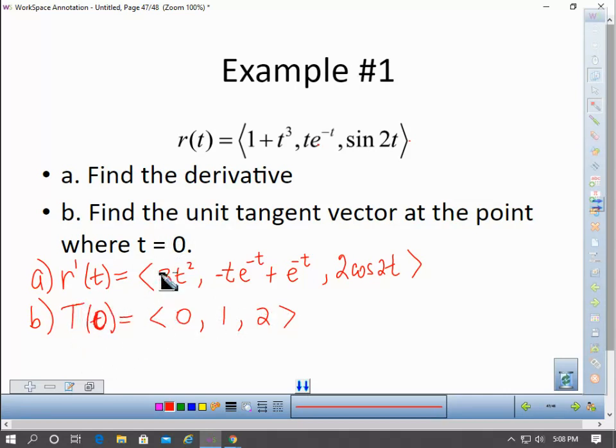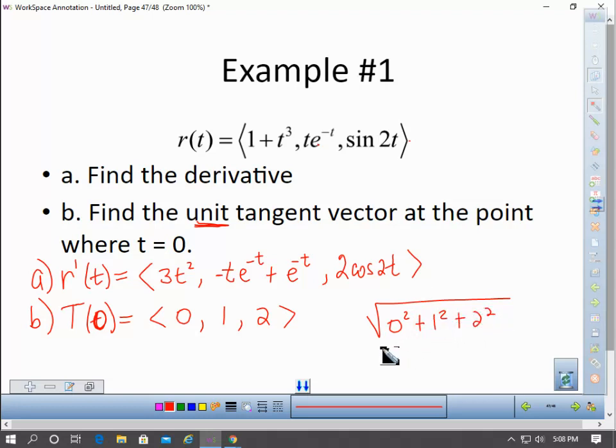All right. Now I want to make this a unit tangent vector. Well, to do that, you've got to divide it by its length in order to make it have 1 unit length. Right now, this has a different length. So its length is going to be the square root of 0 squared plus 1 squared plus 2 squared.